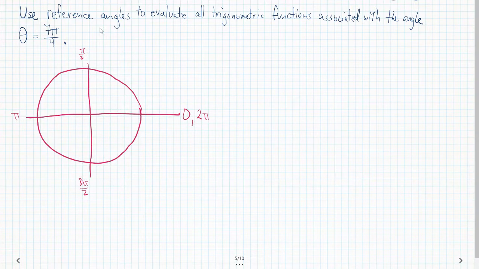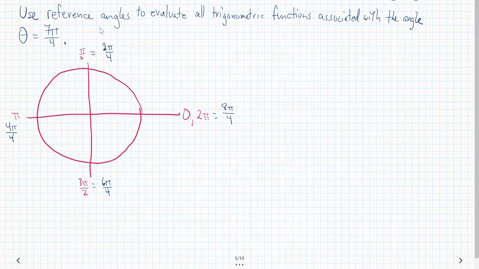Okay, so if we look at it, that's 2 pi over 4. 2 pi equals 8 pi over 4. Pi equals 4 pi over 4. And 3 pi over 2 equals 6 pi over 4. So now we have a pretty good gauge as to where 7 pi over 4 fits.